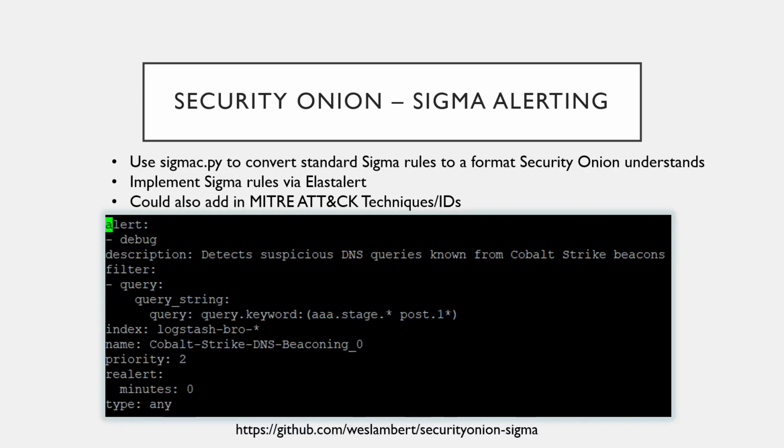We can use the converter tool to take those base Sigma rules and convert them to ElastAlert rules so that they are compatible with Security Onion's version of the Elastic Stack and ElastAlert. So it's pretty awesome to be able to do that as well. And you can even tie in MITRE ATT&CK framework techniques and IDs in the alert, so you can be tracking that as well. It's very useful if your organization utilizes that.